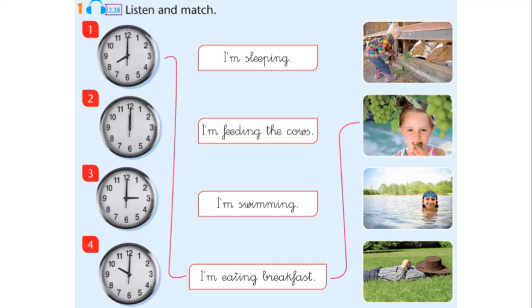I'm eating breakfast. Number 1 is already done for us. The sentence, I'm eating breakfast, is matched to the girl eating and to the clock that says 8 o'clock. Let's listen to complete the rest.